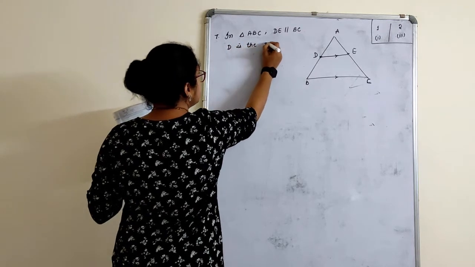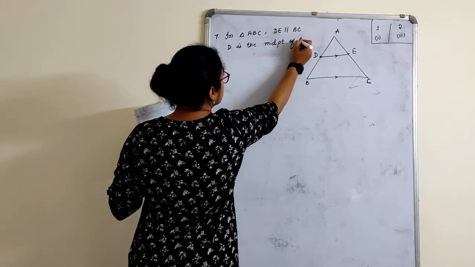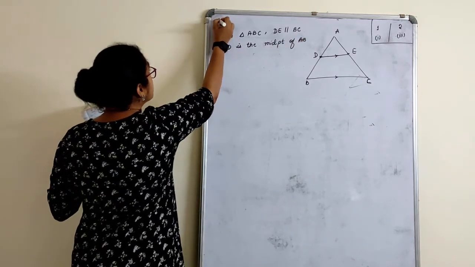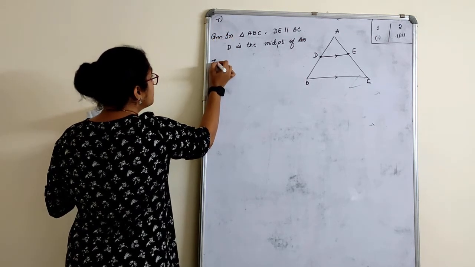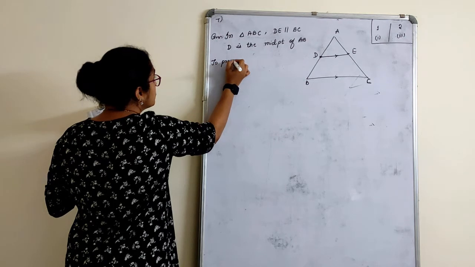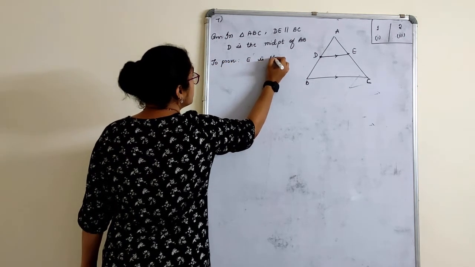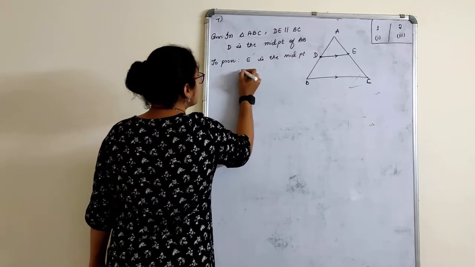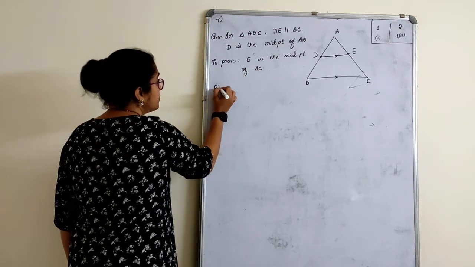D is the midpoint of AB. This is given. To prove, E is the midpoint of AC, right?